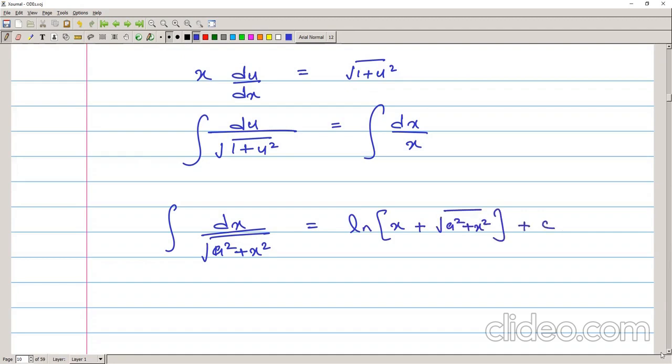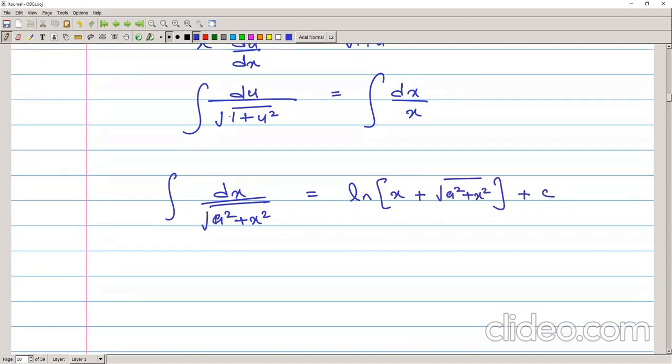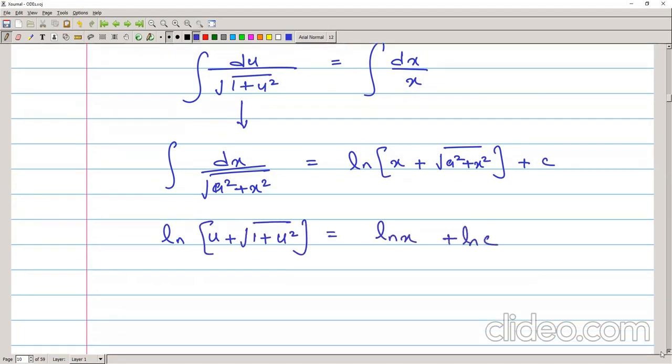So we can compare this one with this. So this integral will result in ln u plus the square root of 1 plus u squared is equal to ln x plus ln c.